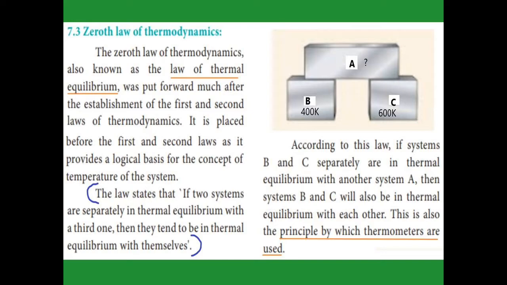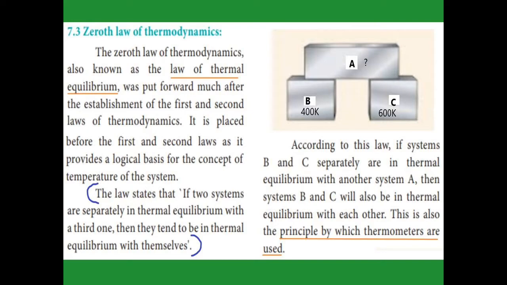So all of them now attain thermal equilibrium, all having the same temperature because of the A system. The A system is commonly shared between the B system and the C system, so that they attain the same temperature. This statement is stated by the zeroth law.